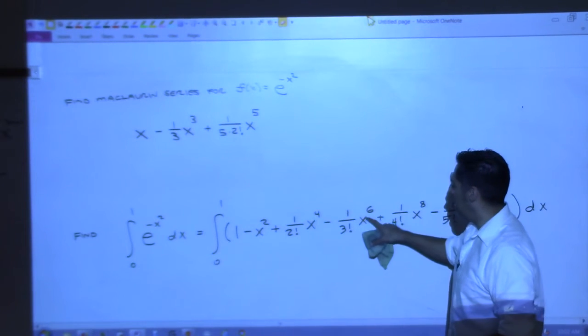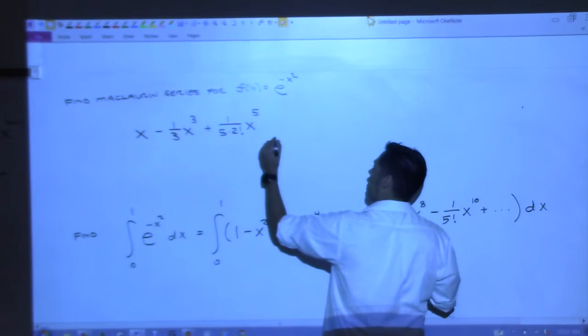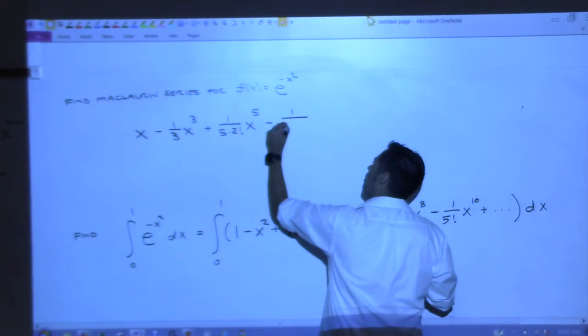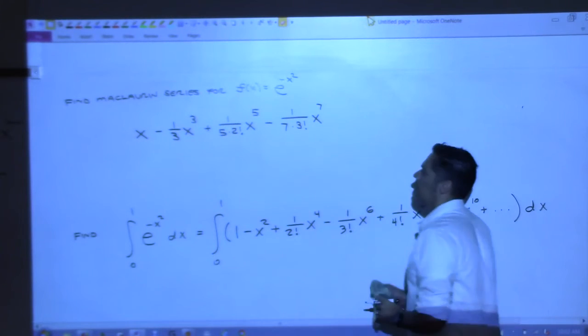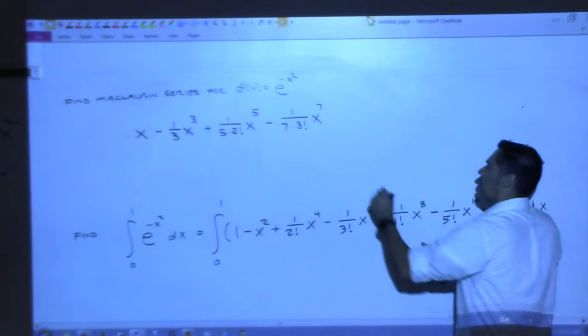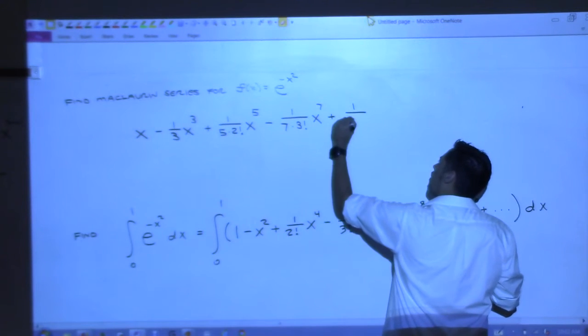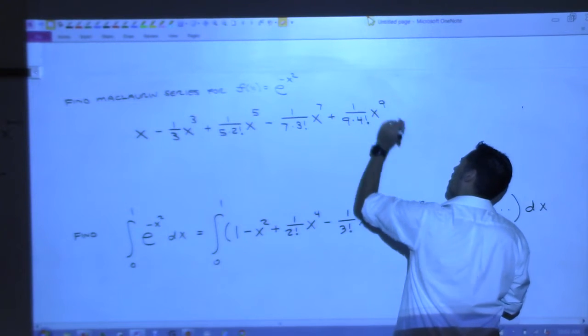So this one, I'm going to have a 1/7 x to the 7th, right, from this? But I'm just going to put it next to that. So minus 1 over 7 times 3 factorial x to the 7th. And I can just keep going, right? Plus 1 over 9 times 4 factorial x to the 9th.